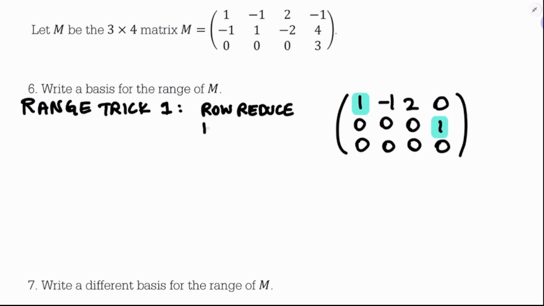So step 1 is row reduce. Then step 2 is identify pivots. Then step 3 is we backtrack to the original matrix and look at the columns that correspond to the pivots in reduced row echelon form. So that's those two.